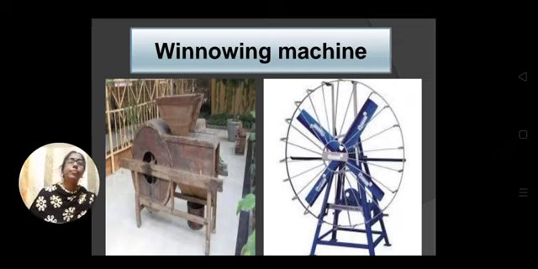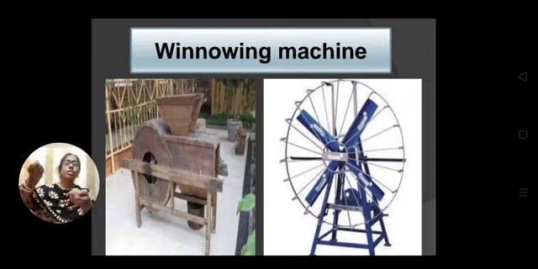And here there is a fan. You can see that this is also a winnowing machine. Here we have to take the mixture of chaff and seeds in a container, a big flat container or a plate-like structure, and move it like this.